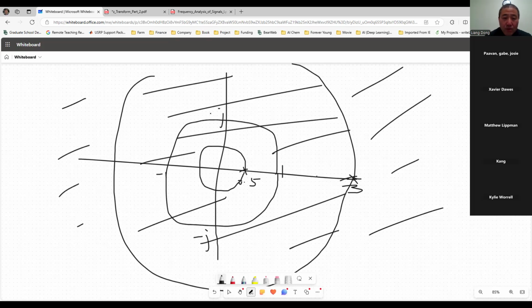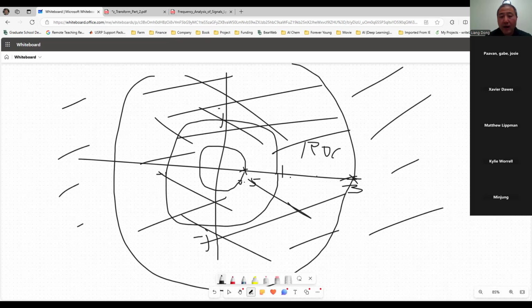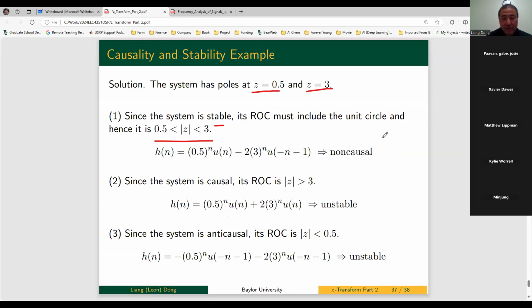So within these two circles, I'm using a double. If this is my region of convergence, then the unit circle is in the region of convergence. So that's good. I do have a stable system because I excluded these two poles, 0.5 and 3. How? By doing this, right? If z is within 0.5 and 3, then I can do an inverse Z transform.